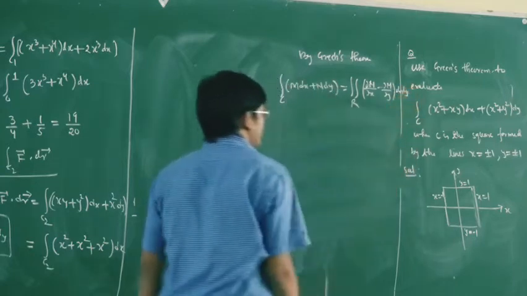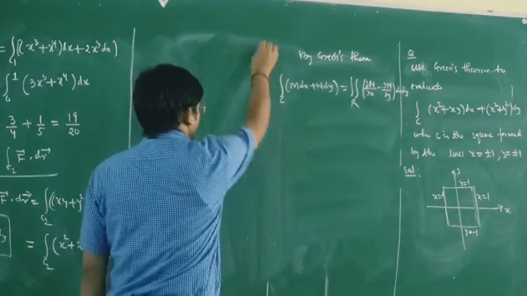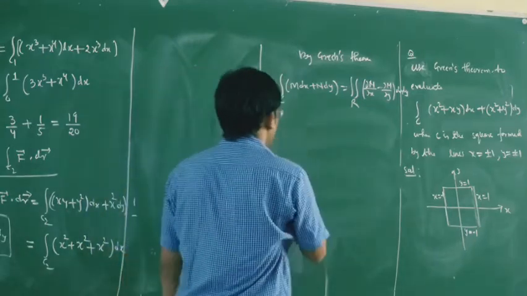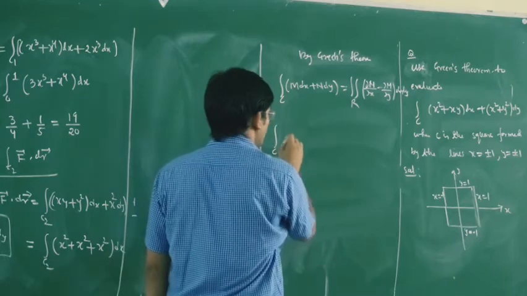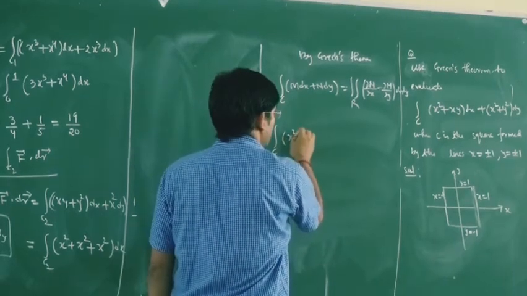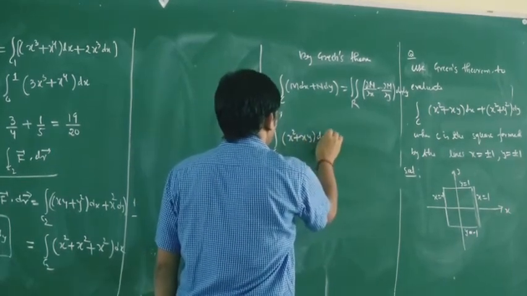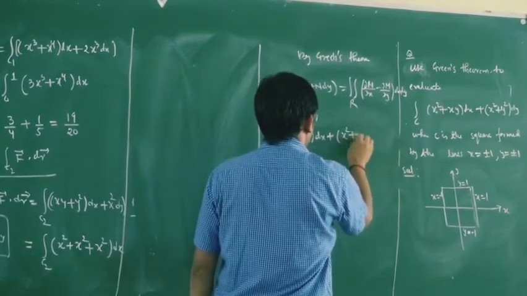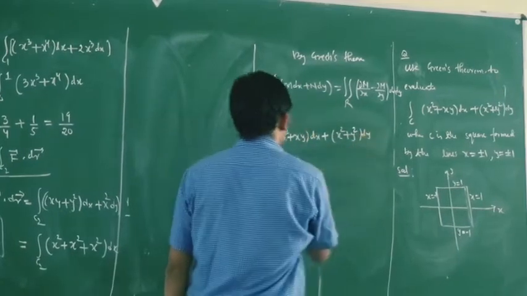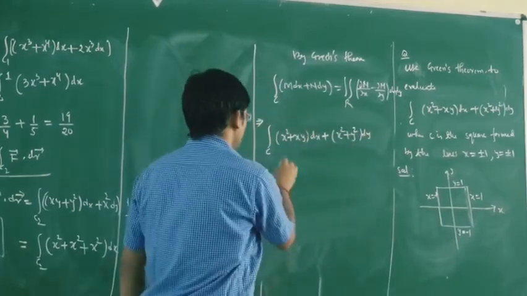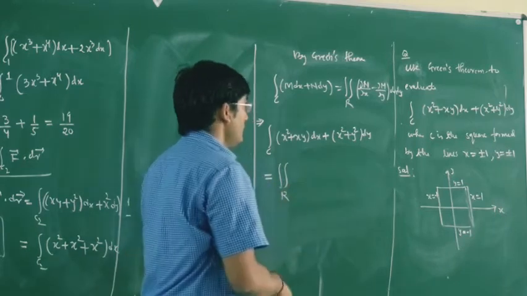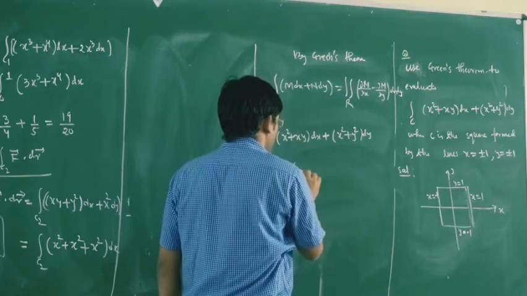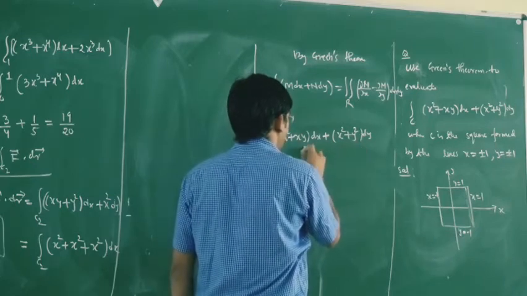So from here you can see that this line integral over C of (x square plus xy) dx plus (x square plus y square) dy is equal to the double integral of del N upon del x, so this is your N, so this will be 2x, minus del M upon del y.